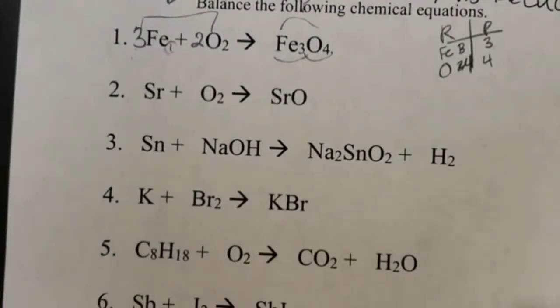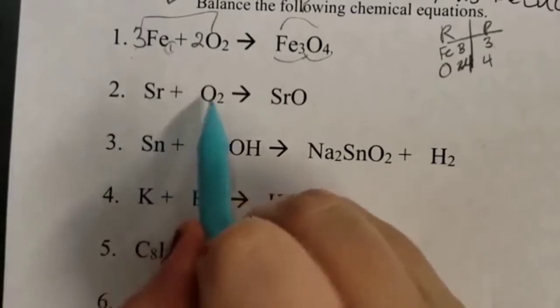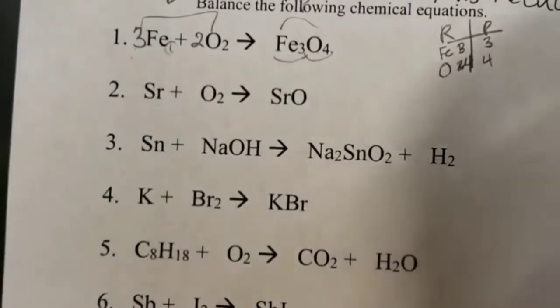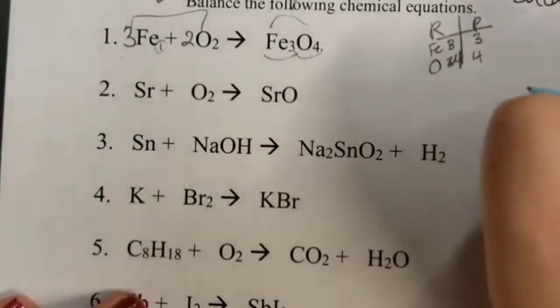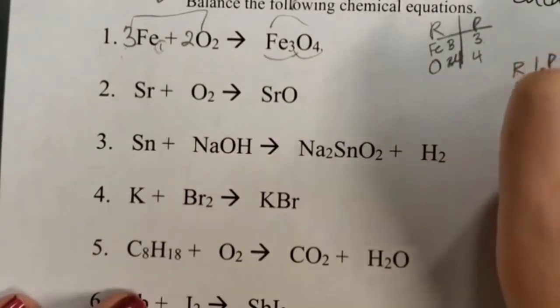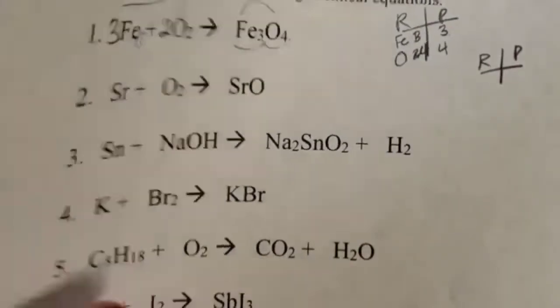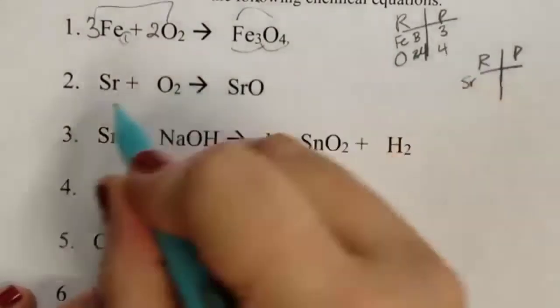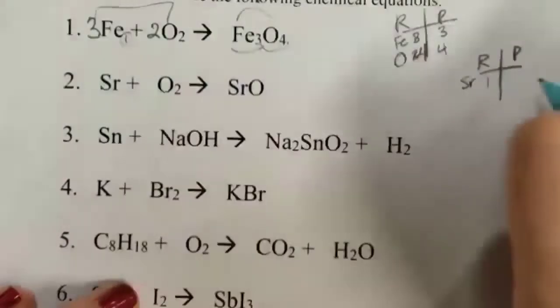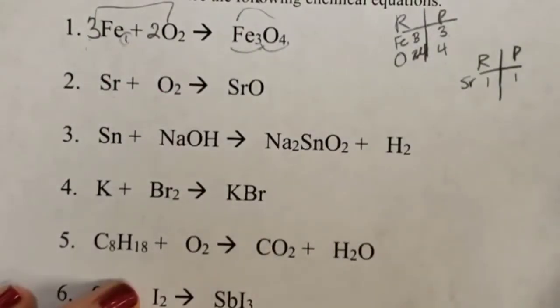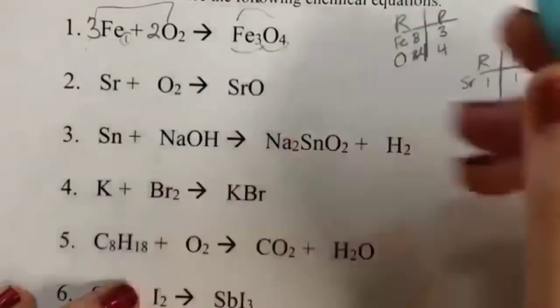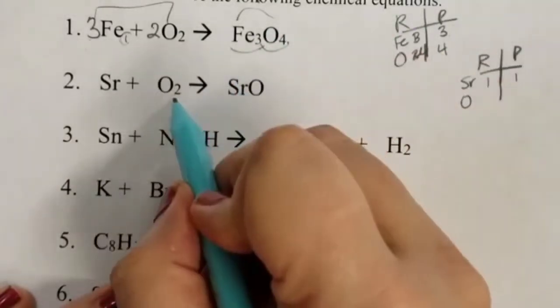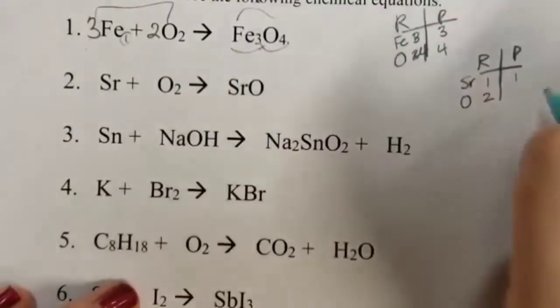All right, we'll do the next one. Sr plus O2 yields SrO. Again, we're going to make our little chart, reactants and products. For strontium, we have 1 on this side and 1 on this side. That's easy. And then for oxygen, we have 2 on this side and 1 on this side.